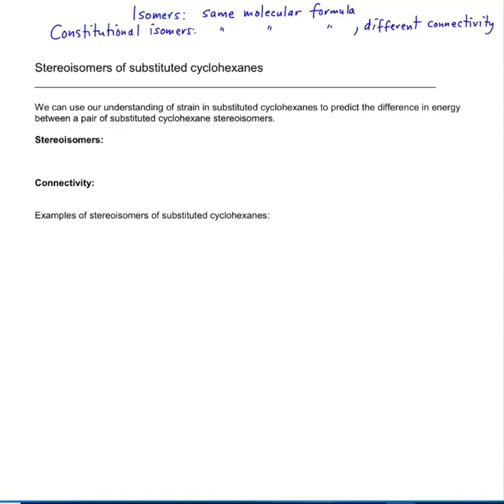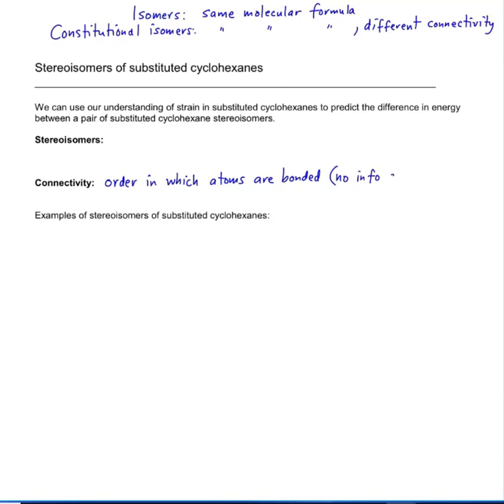Now let's slip down below here. Connectivity, to remind you, is the order in which atoms are bonded in a molecule. All connectivity tells us is what order the atoms come in. It doesn't tell us about their particular spatial arrangements.